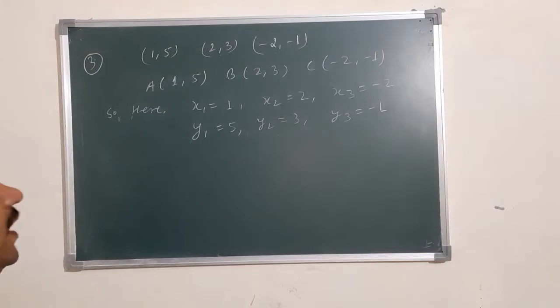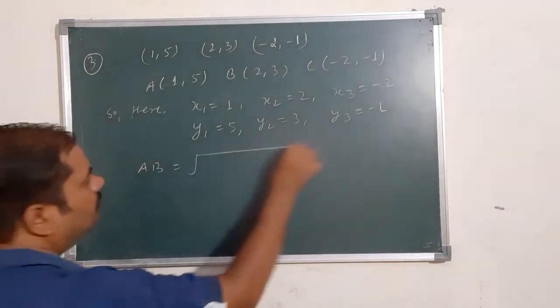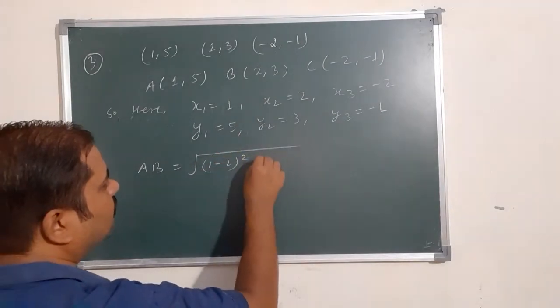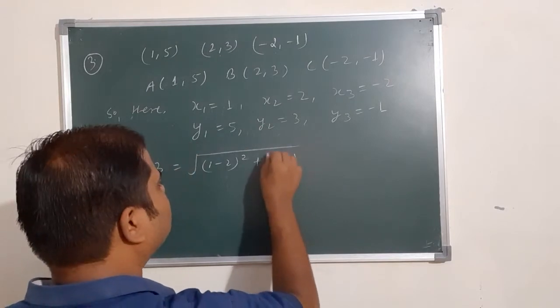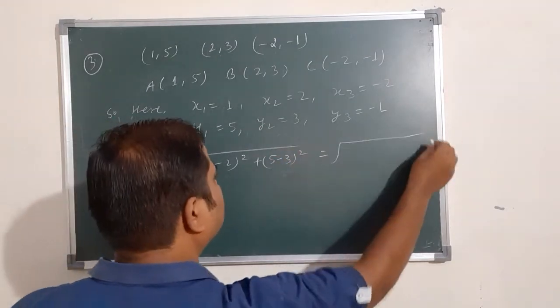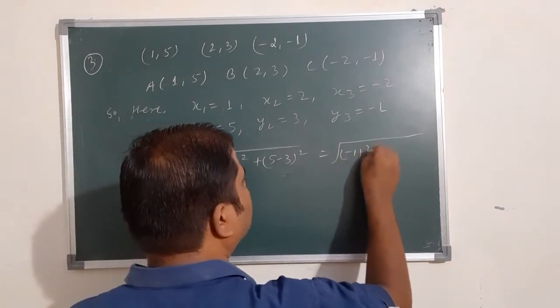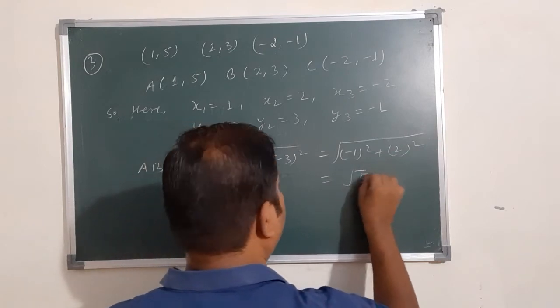Okay, so find the distance AB. AB is the square root of (x1 minus x2) whole square, that is (1 minus 2) whole square, plus (y1 minus y2) whole square, that is (5 minus 3) whole square. So this is root of (-1) square plus 2 square, which is root 5.